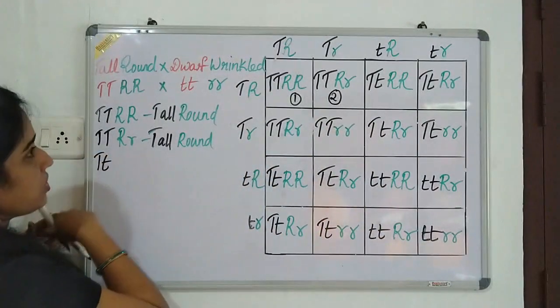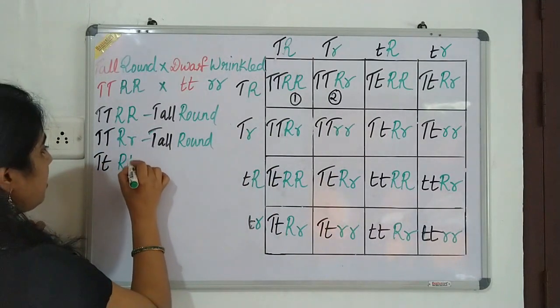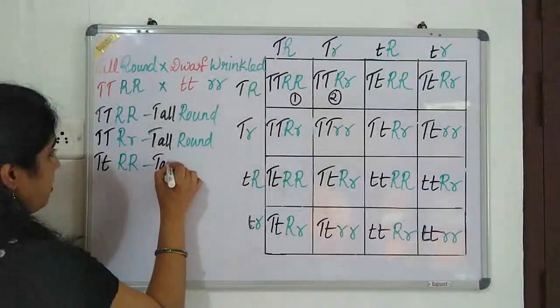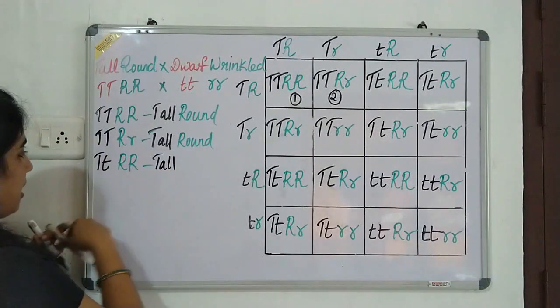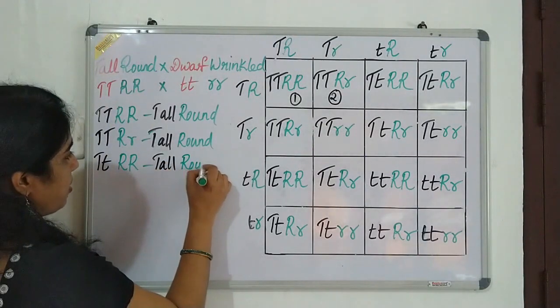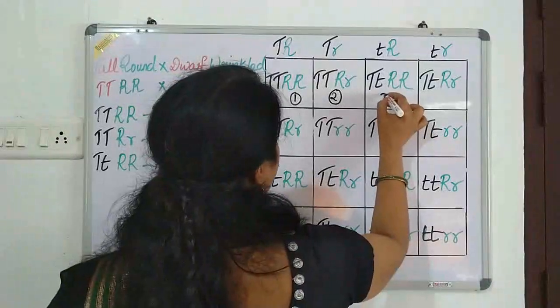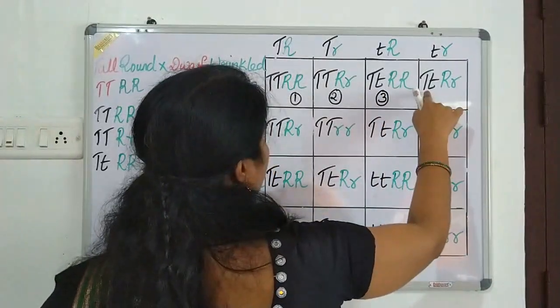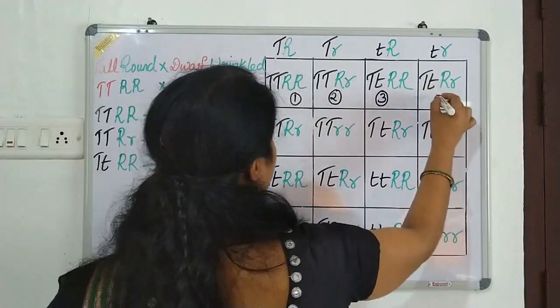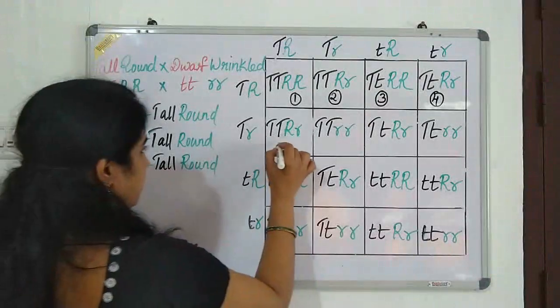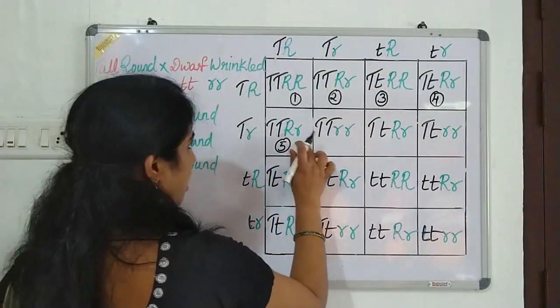Capital T, small t, capital R, small r. Which type of plant is that? Yes, tall plant bearing round seed. Both r's are capital. That means round. So here this is also the same, 3. And here of course this is tall and this is round, fourth one. And what about this? Yes, tall, round.